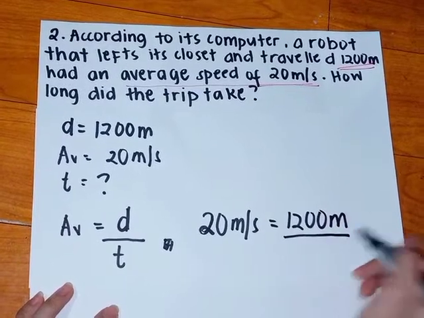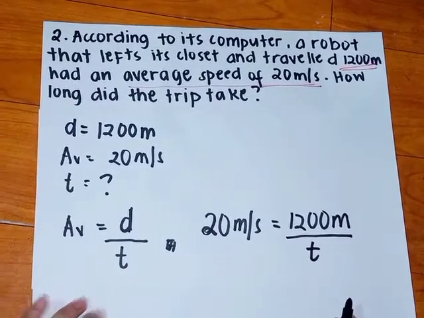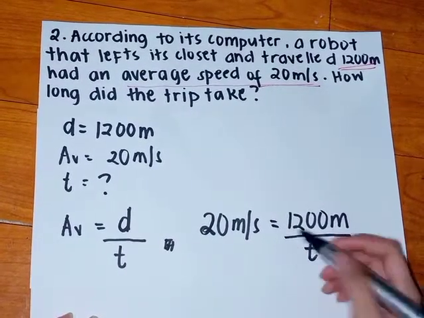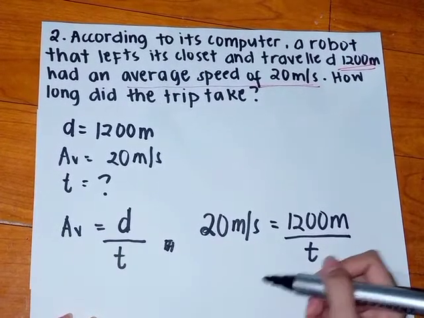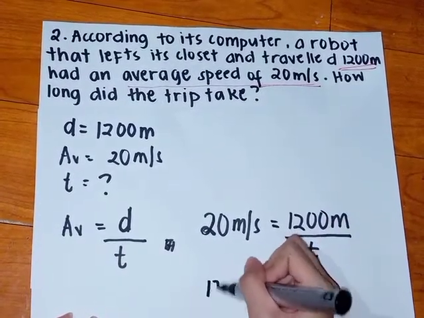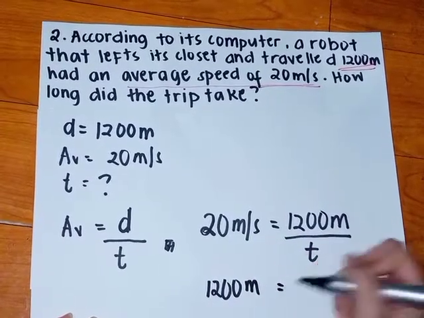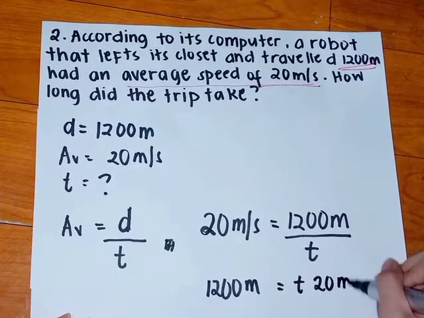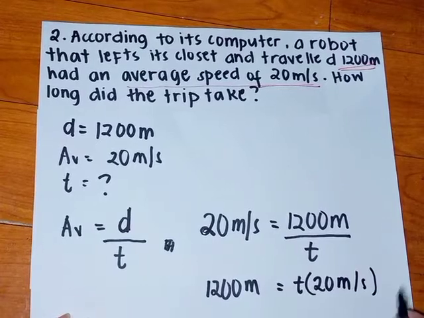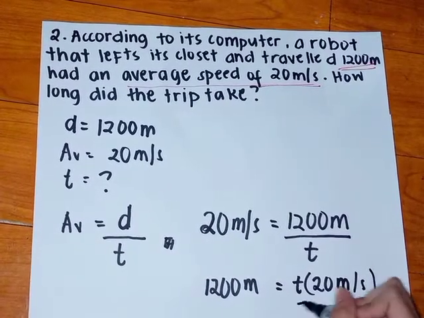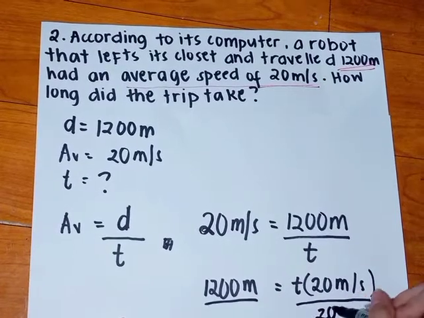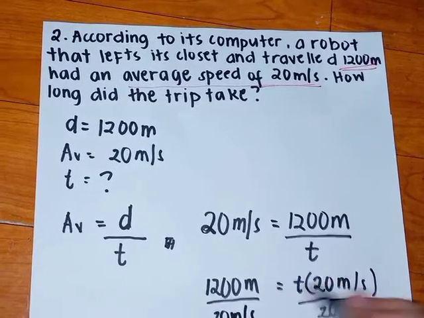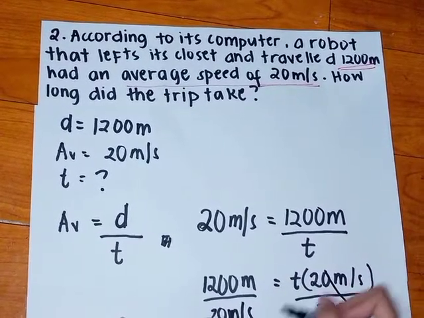And then, ang hinahanap natin ay yung time. So, in order to find the formula of time, we can cross-multiply. Pupunta dito yung 1,200 meter. And then, time 20 meter per second. So, divide both sides by 20 meter per second para maiwan na yung time. We can cancel this. Matitira dito ay time.